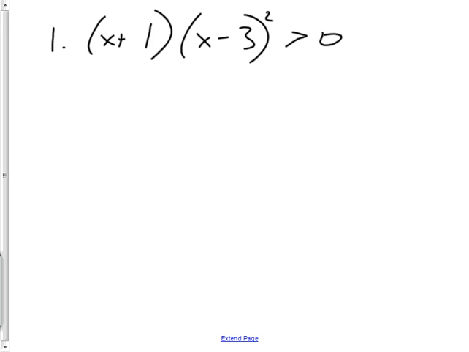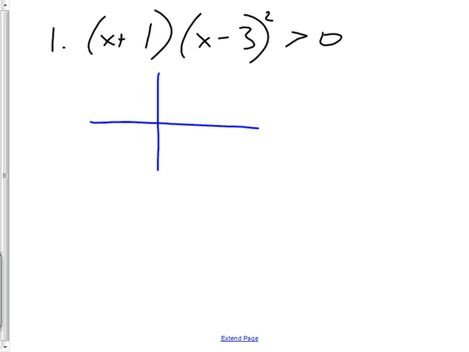This is not a graphing one, because it says do it algebraically. Okay, it says support graphically. That means you could check it with your calculator, but don't even bother. These are pretty easy. It wouldn't hurt you to graph it, but you don't have to in my class. Some of your teachers might be requiring you to graph it, but I'm not.